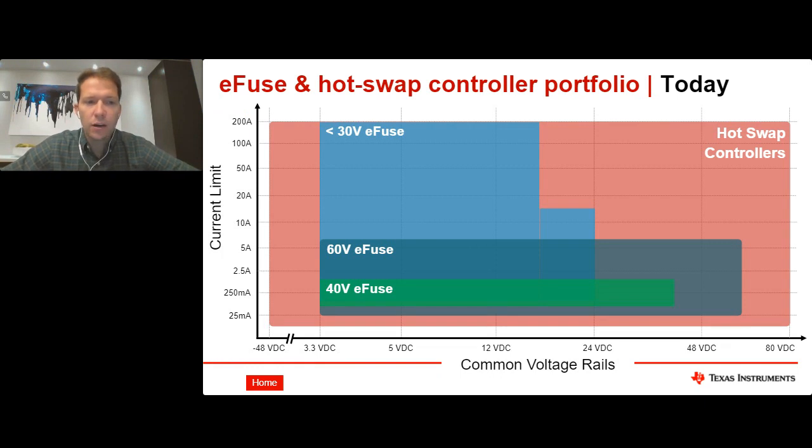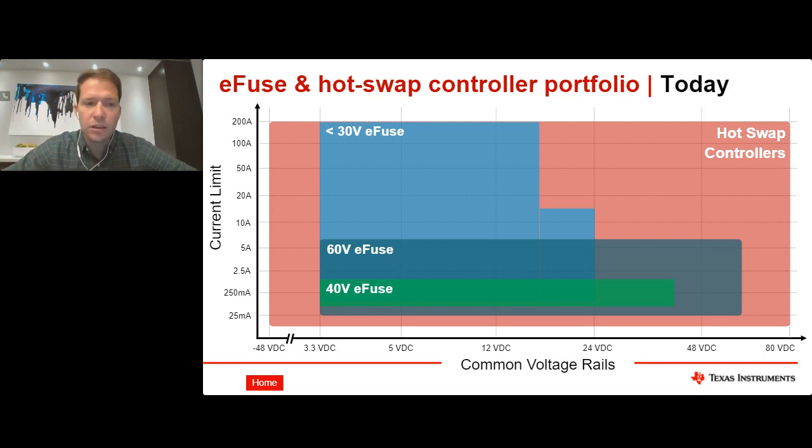So taking a look at our eFuse and hot swap portfolio today, as mentioned before, our hot swap controllers have the ability to use an external FET, so the amount of voltage and current they can cover is quite wide. What we're trying to do here at TI is increase the coverage of our eFuses to match that of our hot swap controllers.